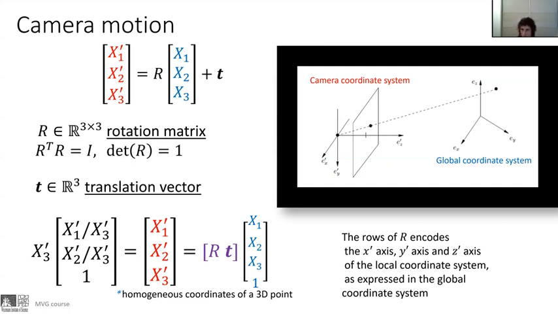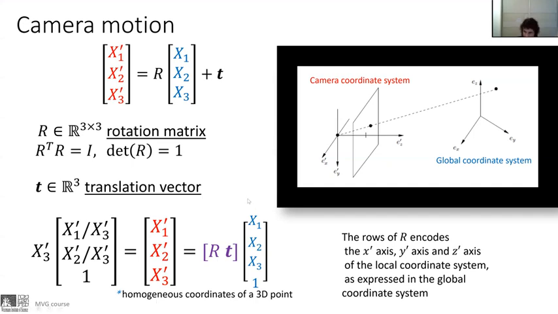Otherwise, this dot product between the rows of R and the vector in the global coordinate system would not give you the new values in the local coordinate system. Okay?